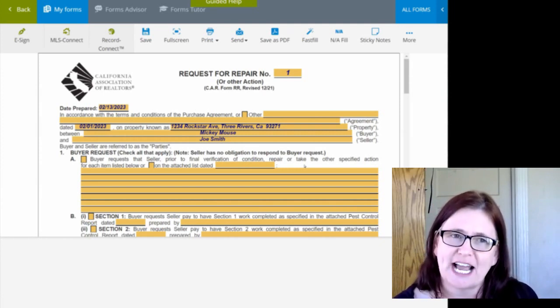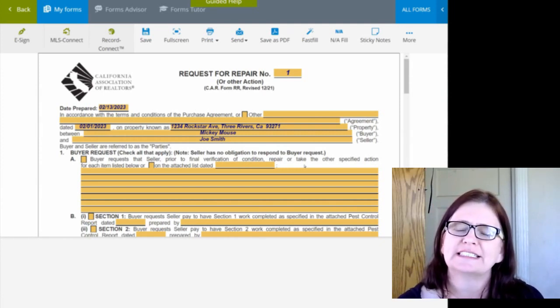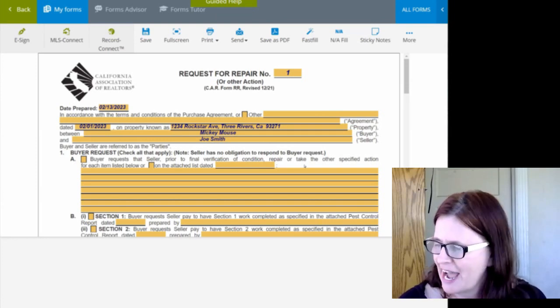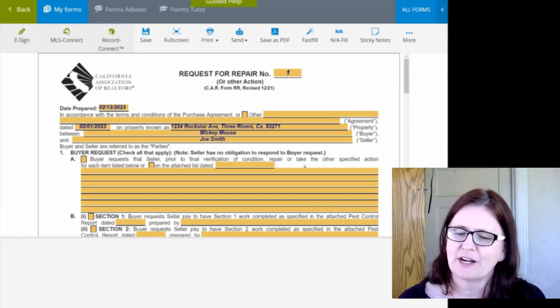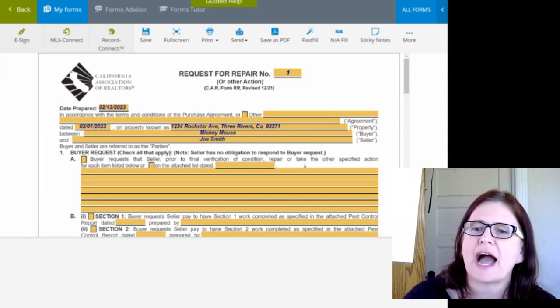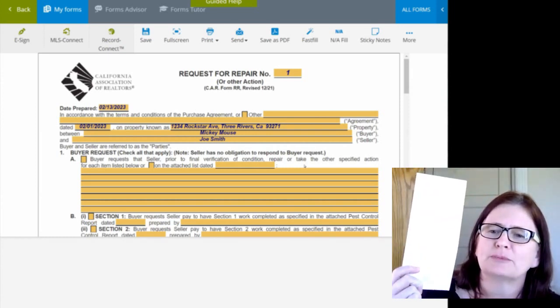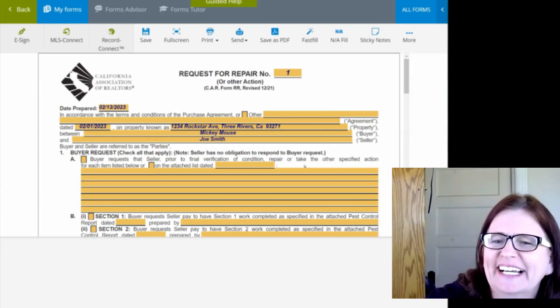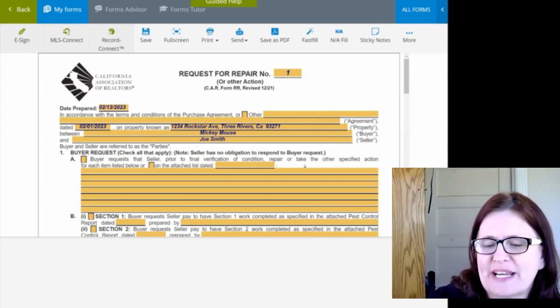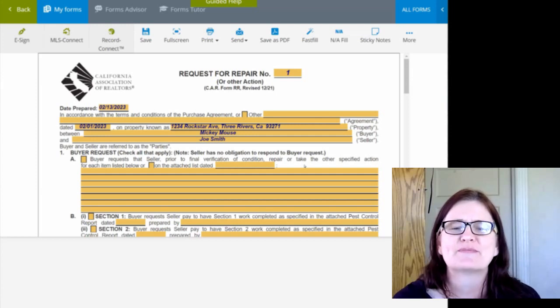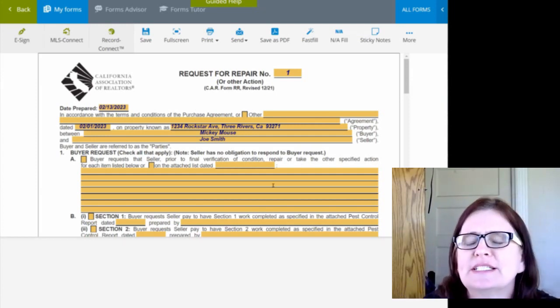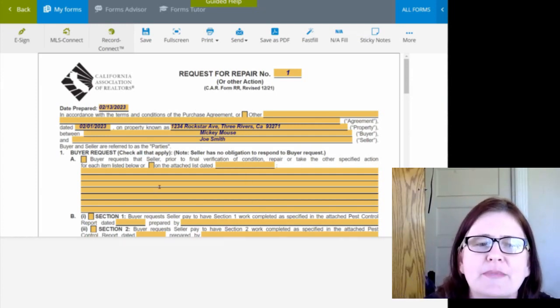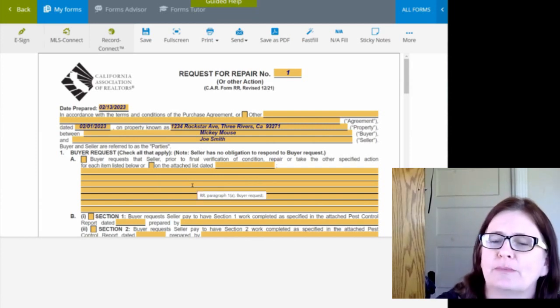I had a transaction last year where the seller responded on the back of an envelope. It was kind of hard to read, but this was their response, handwritten. I guess at least I should have been happy that I got a response, right? But I would suggest that you respond, even if it's that we're not going to do any repairs.